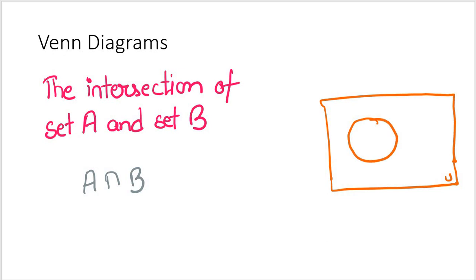So I have this A, I have this B, and my A intersection B will be this common area.